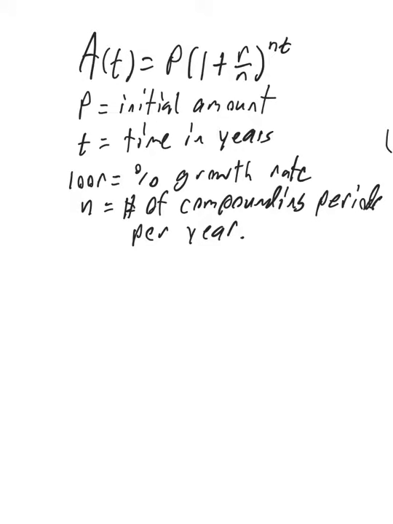So this exponential function is the type of function you would use if the amount that's being added, the interest in this case, comes at fixed intervals: every month, every 3 months, every year.